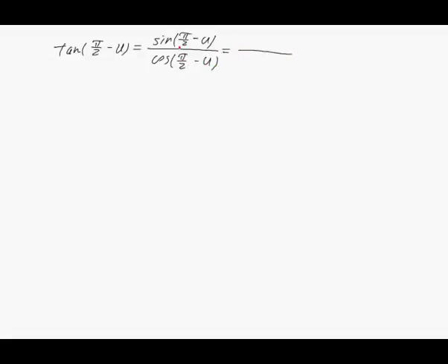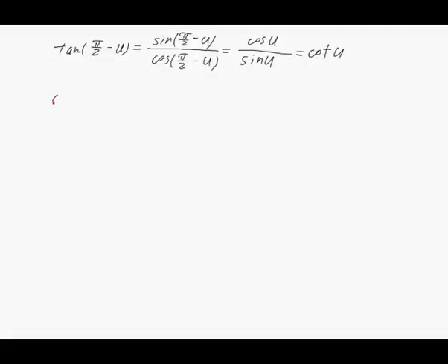And we know the sine of half pi minus u is equal to cosine u, right? And the cosine of half pi minus u is equal to sine u. So this fraction is equal to cotangent u. Okay?